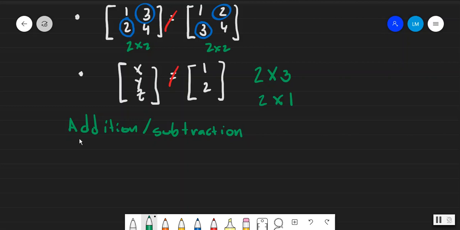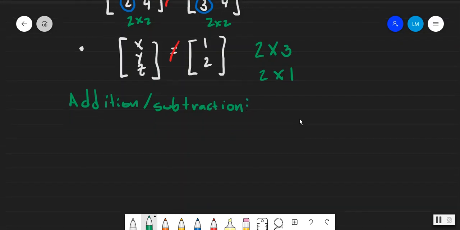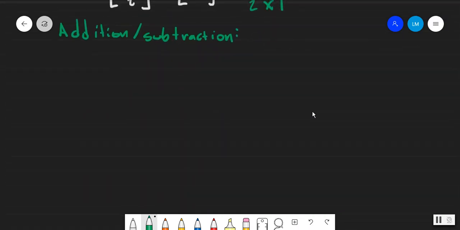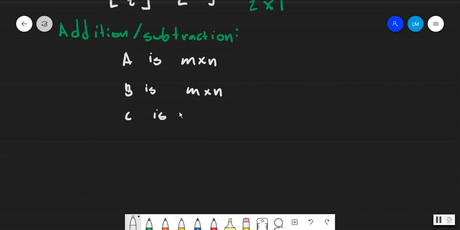Now, when it comes to addition and subtraction, the entries must all be the same. Well, not the same, I'm sorry. The dimensions must be the same. So if we have a matrix A that is n by n, and B is also n by n, then we can also introduce another matrix C that is also n by n.